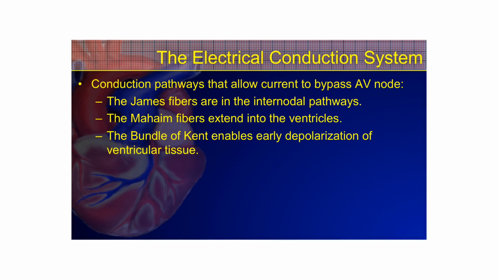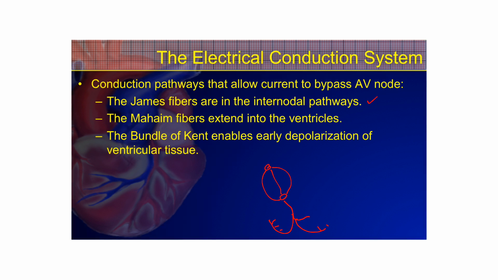You could have something called James fibers. That's the first one we're going to talk about. They're in the intra-atrial nodal pathways, or the internodal pathways, and they extend into the ventricles, bypassing the AV node. So they go directly. So if this is our SA node, we have those internodal pathways. This is our AV node, and then we have our AV junction, bundle branches, and Purkinje fibers, right?